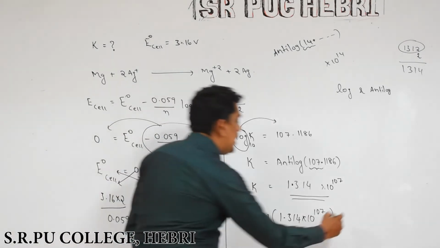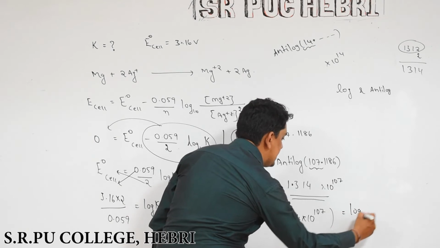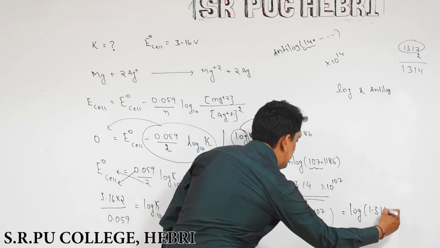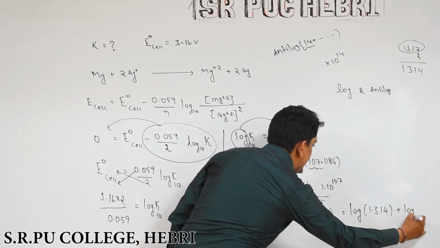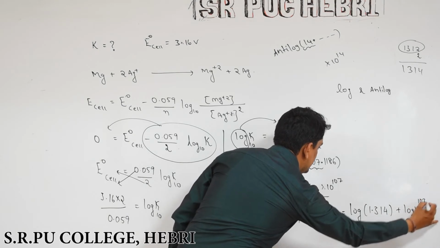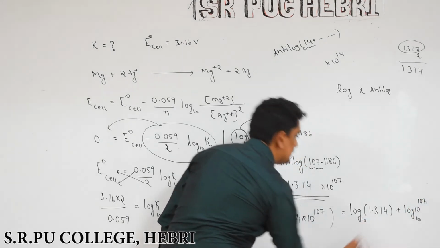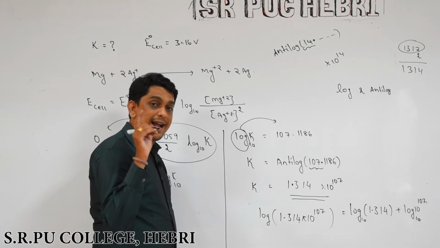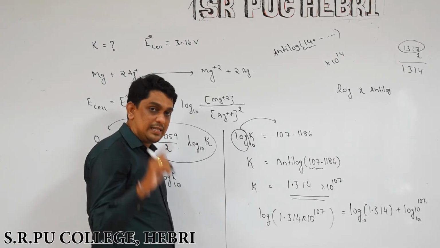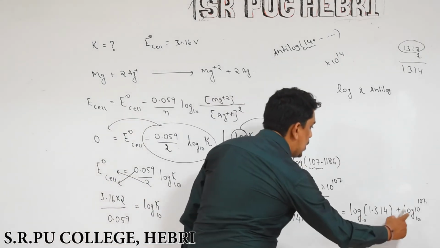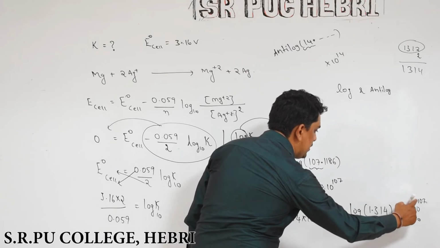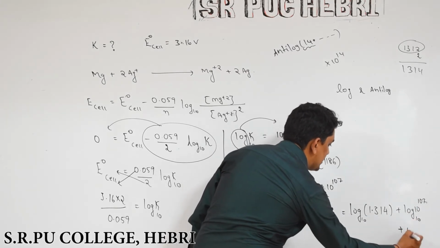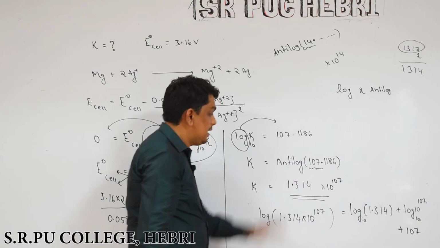Everyone knows that log of A into B is log A plus log B, of course base 10. Everybody knows that log 10 to the power x to the base 10 is x. Similarly, log 10 to the power 107 to the base 10 is 107. Correct?